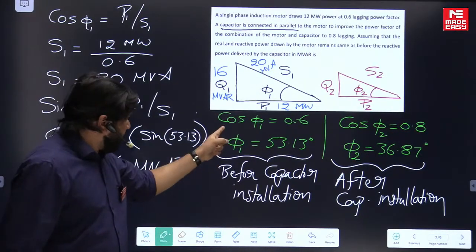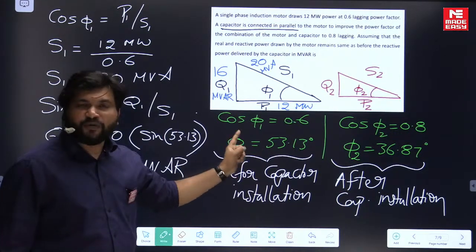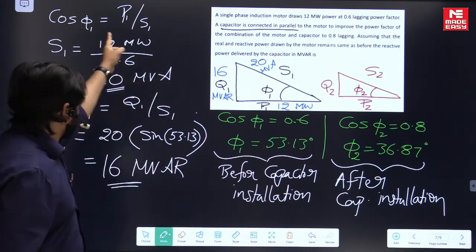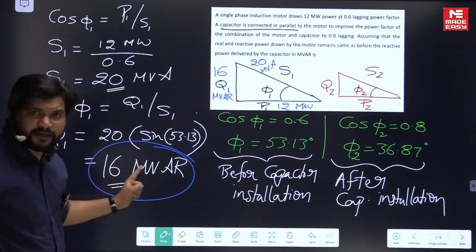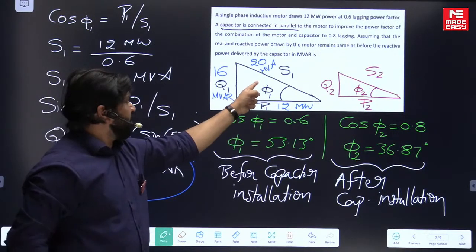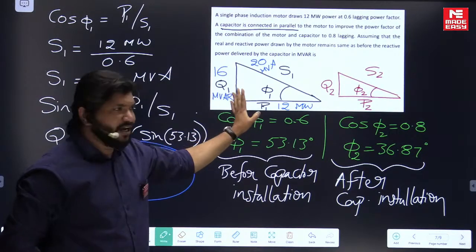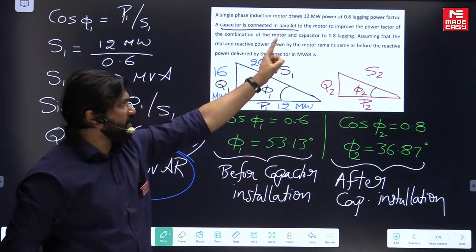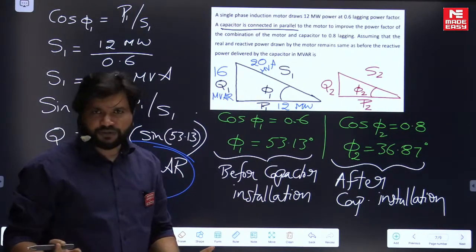So according to the power factor given to you, you can calculate the reactive power consumption by the induction motor. If you calculate in this way, the reactive power consumption is 16 MVAR. The active power consumption is 12 megawatt. And obviously the apparent power is in MVA, 20 MVA. This was the first case with a power factor angle 53.13, because the question already contains 0.6 lagging power factor. This is the first original case. Hope you understood this logic.